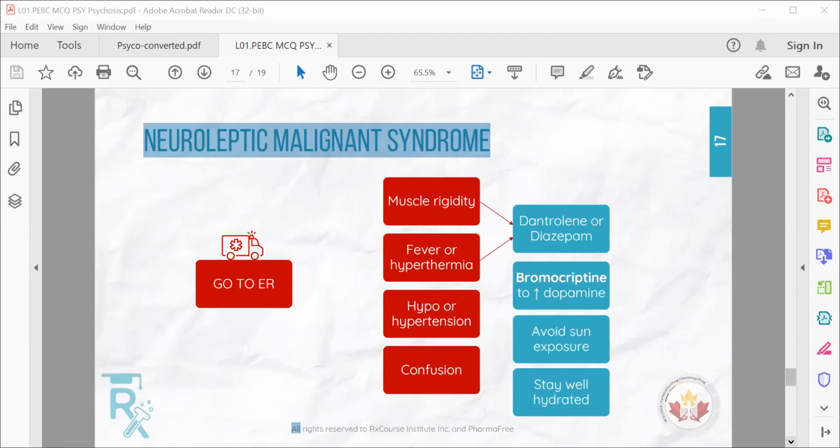Yeah, so hyperthermia means loss of water from the body, so dehydration might happen. Yes, Noha, for hyperthermia. So I need to overcome hyperthermia: no more sun exposure and take more water to avoid dehydration.